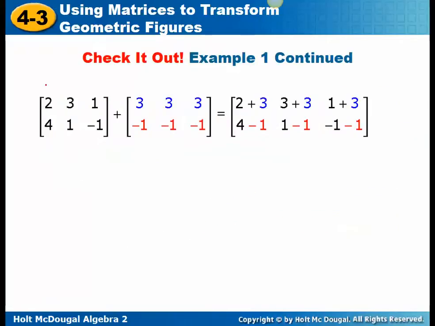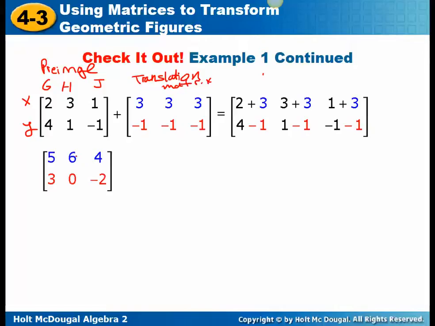So here is GHJ, our pre-image matrix with the x coordinates on the top row and our y coordinates on the bottom row. This is our translation matrix here. And we add the two together to get the answer, which is our image, and this would be G prime, H prime, J prime.